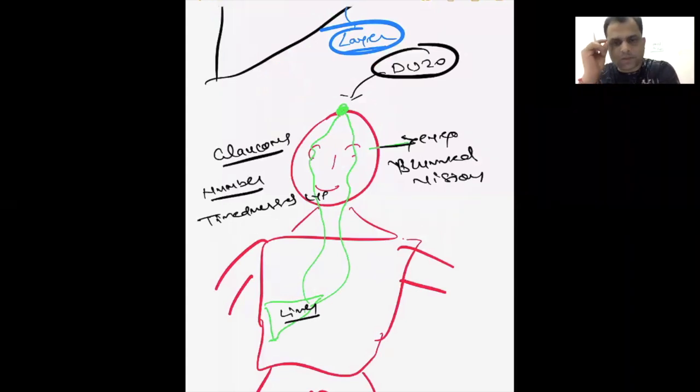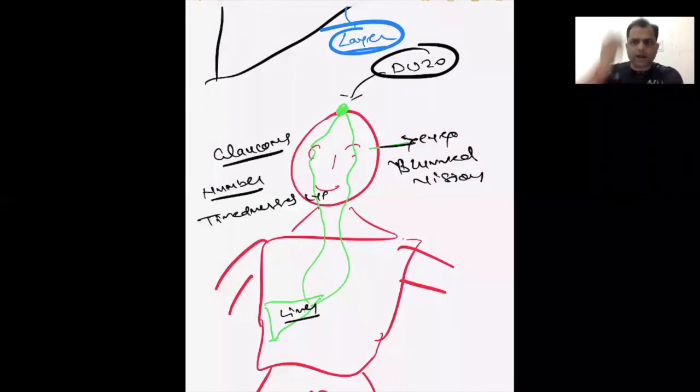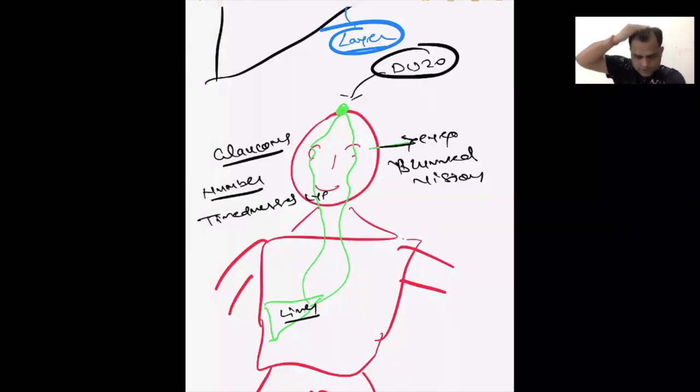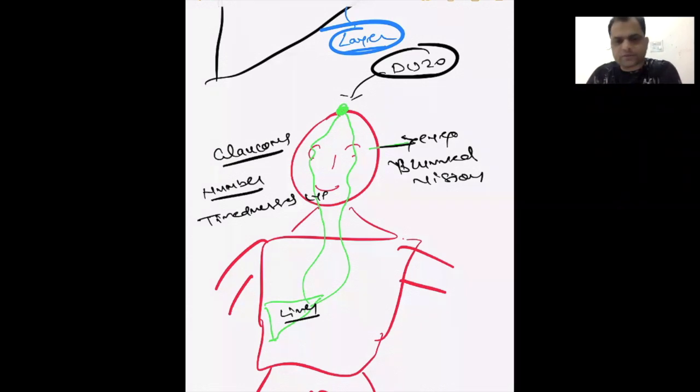For an ordinary person, it is very difficult to understand what the connection is between jaundice, or liver problems, and the top of the head. But the person doing this treatment just takes the herbs and puts them on the top of the head. Only a 1 minute treatment, and he tells the patient, okay, go back and come after 15 days. So the DU 20 point is directly connected with the liver.